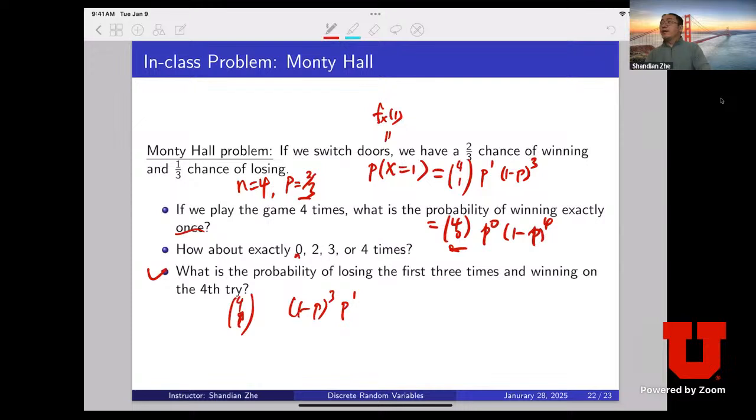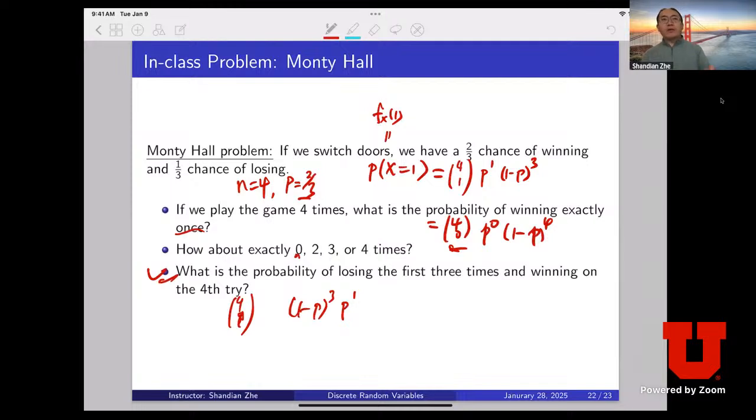Yeah, exactly, right? So remember, in this case, the random variable we're talking about is not binomial random variable, it's geometric random variable. Why? Because we specified you only win at the last trial, right? I'm not asking the chance that you win at first trial, second trial, third trial.